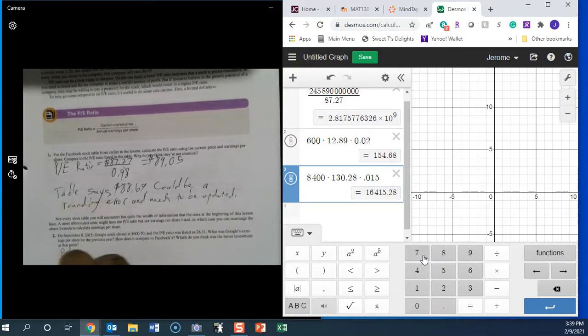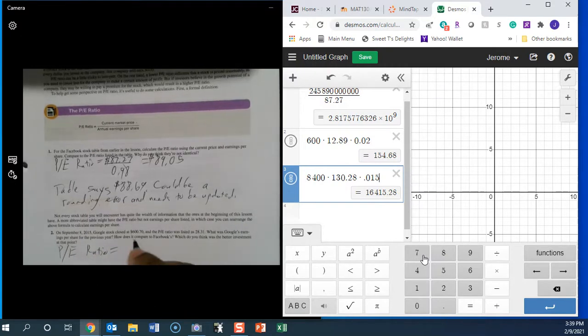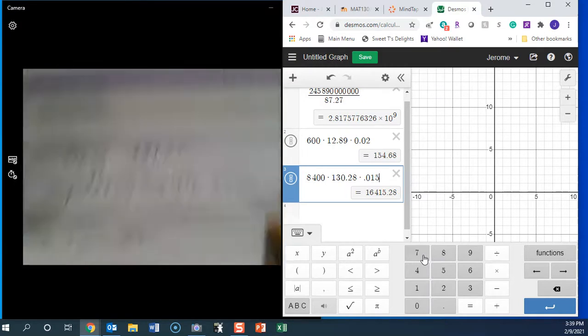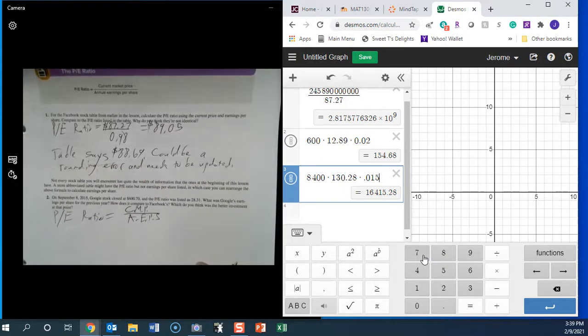So we know we have price over earnings ratio, and we know that is equal to the current market price divided by the annual EPS, annual earnings per share. Okay, so we're going to go through and substitute the values we have.